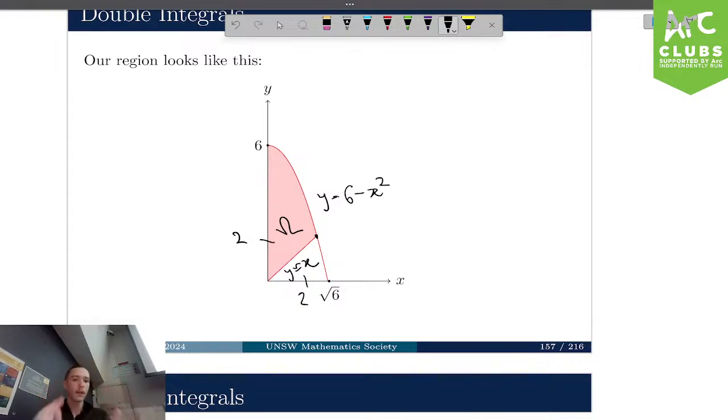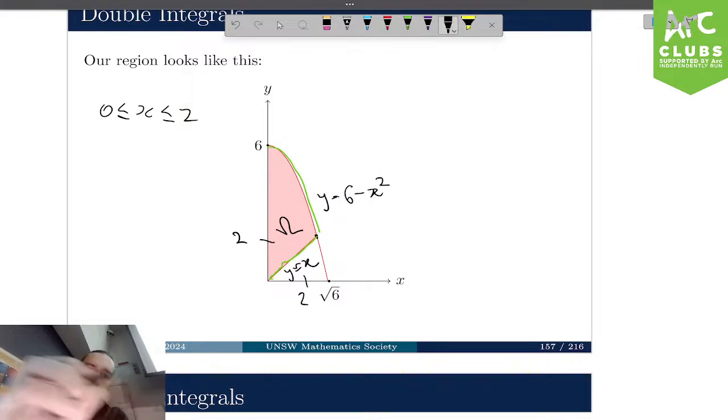So we can say that either x is bounded between 0 and 2, because that's the furthest x goes along, and then y is constrained by this curve here and this curve here. So we'd say that the bottom curve is just x.